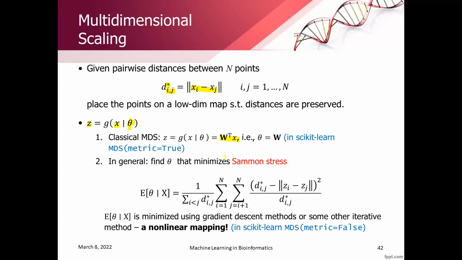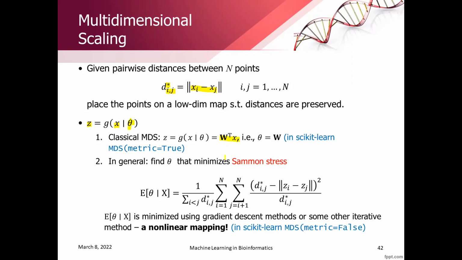So we need some matrix W, and we multiply W times the vector X, and in this way we obtain the new vector Z.